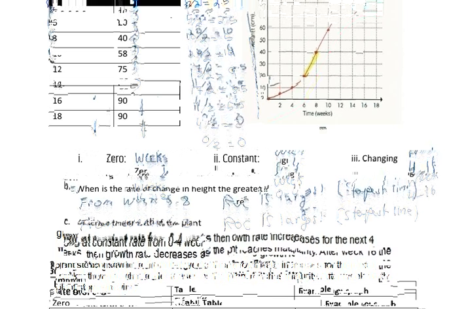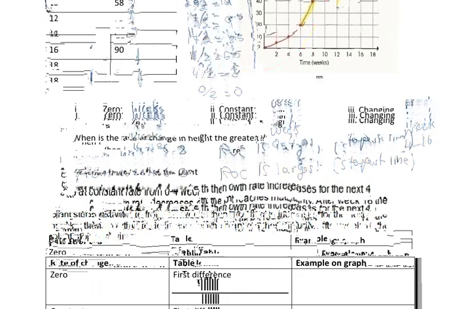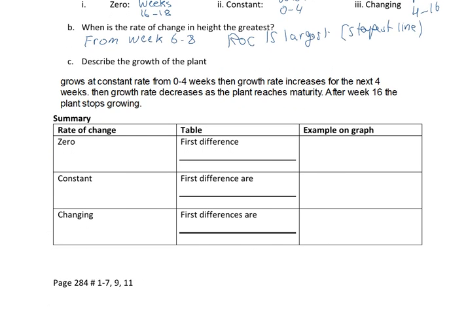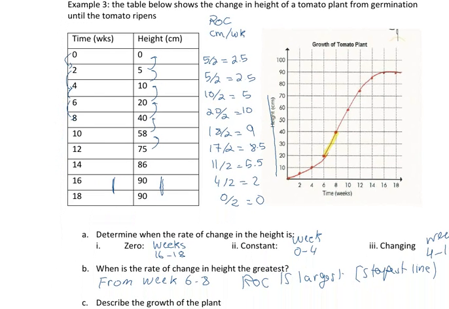So let's look at this. When the rate of change is 0, then your first difference is also going to be 0. If I go back here and just do the first difference, which is 90 minus 90, that's 0. And you're going to have a horizontal line.